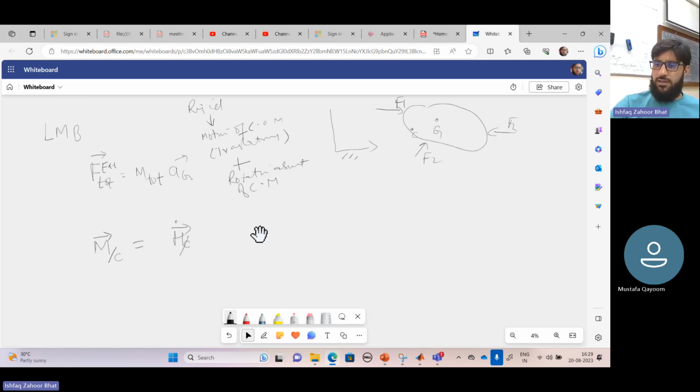But let's take the center of mass as C. So we can write M is equal to H dot with respect to G. Okay.